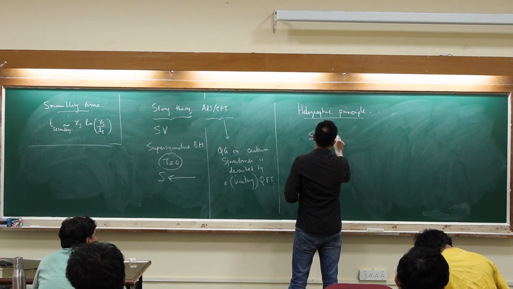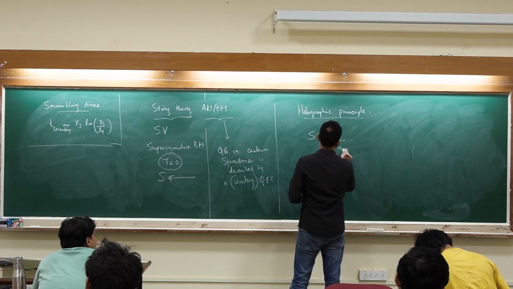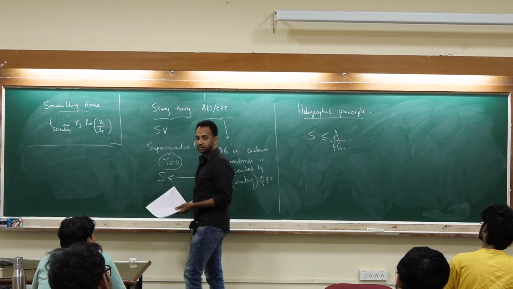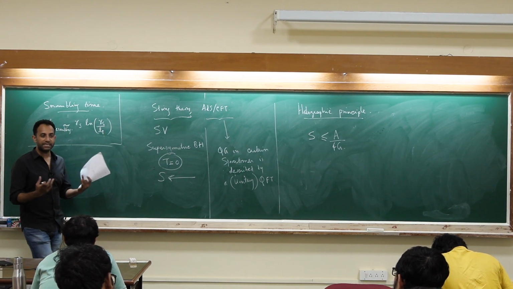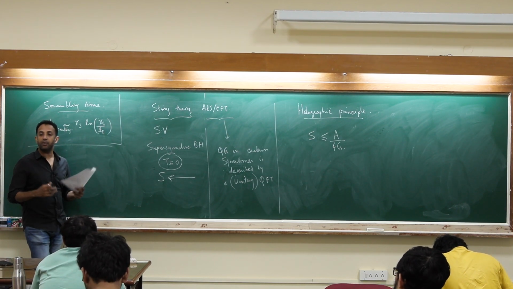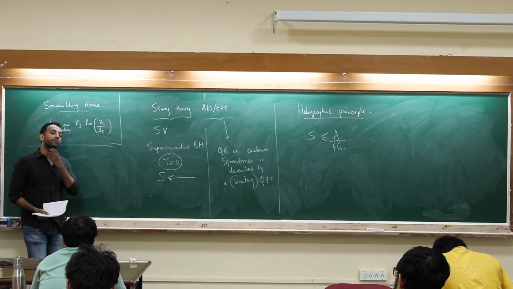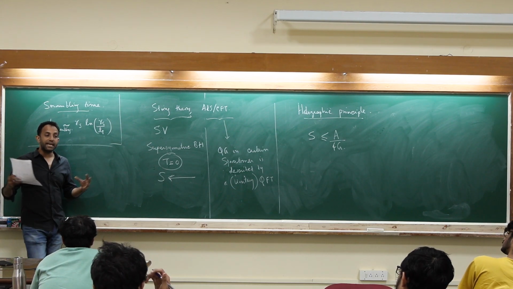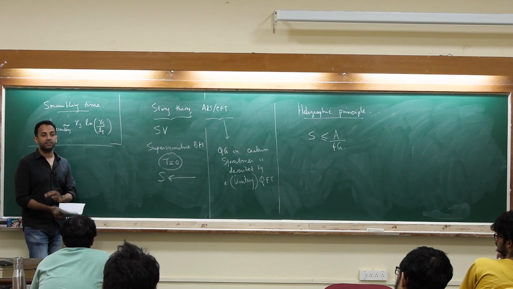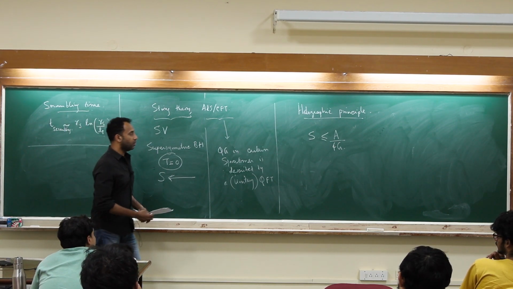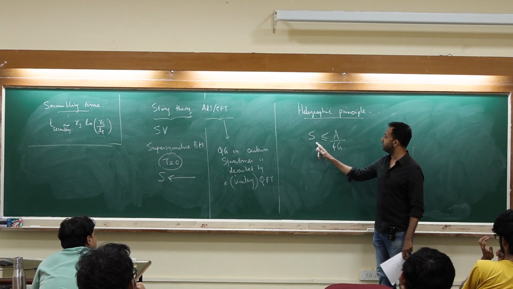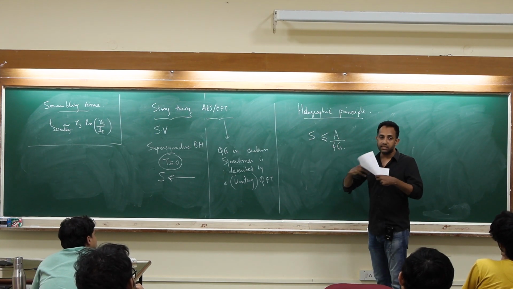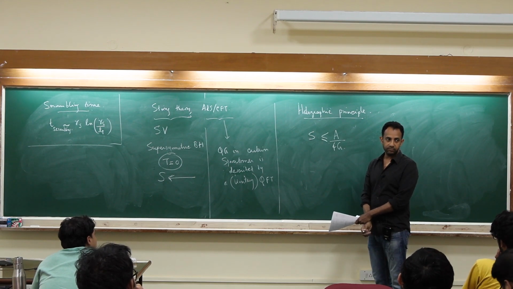The first piece of evidence for that was a very basic observation. Let's say you take some object and form it, and it has some entropy, and you contain it within the size of a black hole. If this bound is not satisfied, black holes cannot form by collapse.